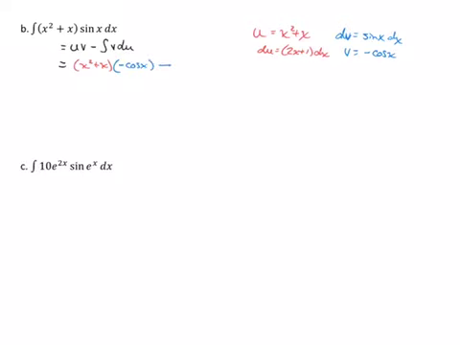Then we're going to subtract the integral of v, which is negative cosine of x, times du, which is (2x plus 1) dx. Okay, now these two negatives together can be made into a positive, so we'll go ahead and do that.